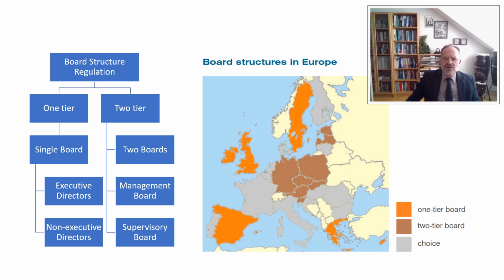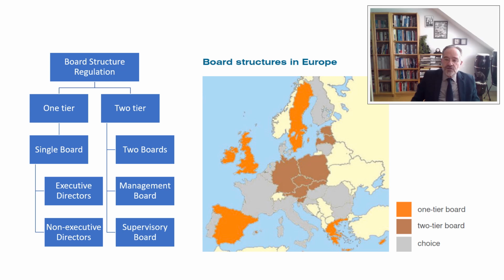In a one-tier board, there is one single board in which we have directors, but they have either an executive role or a non-executive role. Executive directors run the company on a daily basis. Non-executive directors focus their activities on strategy development.